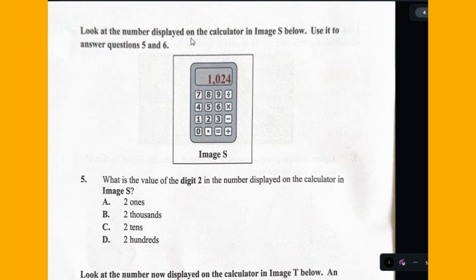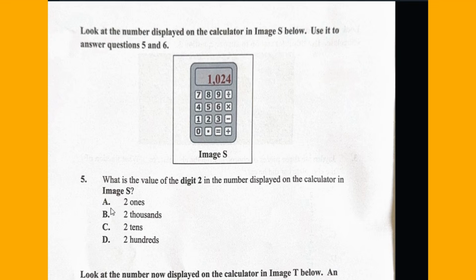Look at the number displayed on the calculator in image S below. Use it to answer questions 5 and 6. So in image S, we're seeing 1024 being displayed on the calculator. Question 5 says, what is the value of the digit 2 in the number displayed on the calculator in image S?